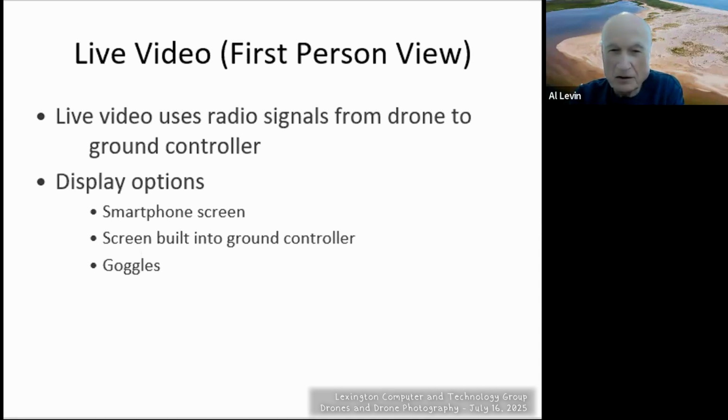Live video, also known as first-person view, uses radio signals sent from the drone to the ground controller screen. And it can be displayed in 3 different ways. I have it on my smartphone screen. The newer ground controllers have it built in, as I mentioned.